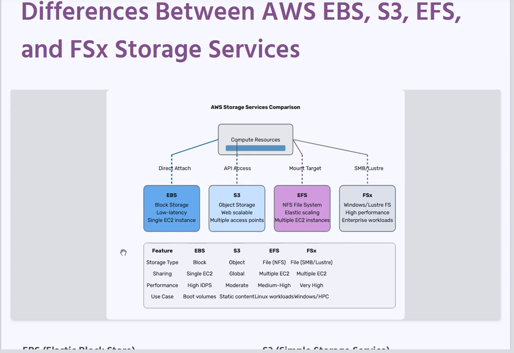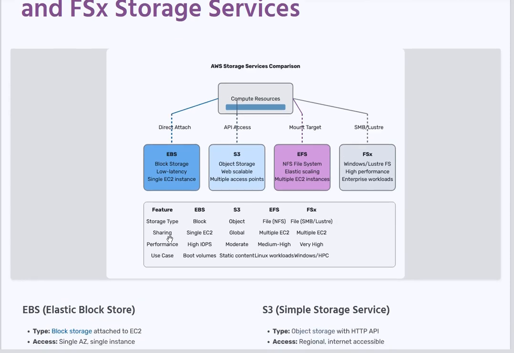And then you have FSx, file, SMB, and Lustre, with multiple EC2, the same. It's very high, it's powerful, and basically it's going to be used for Windows and high performing computing requirements.